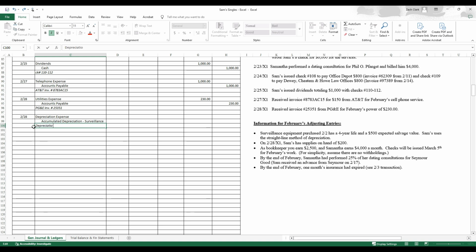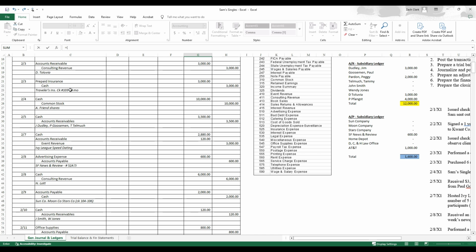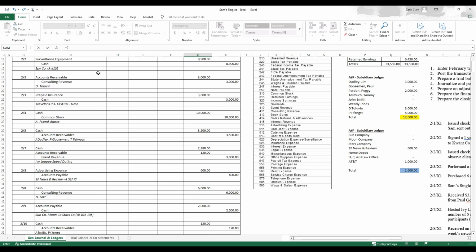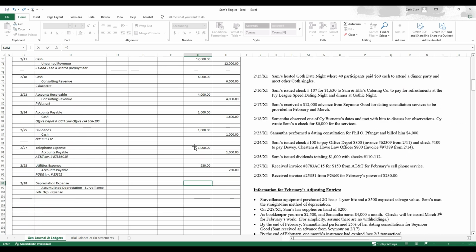Depreciation, or let's just say Fed debt expense. How much depreciation are we going to record for this 1 month? So let's do our formula here and see what we can ascertain. It was purchased on the 2nd, so it was $8,900 total.